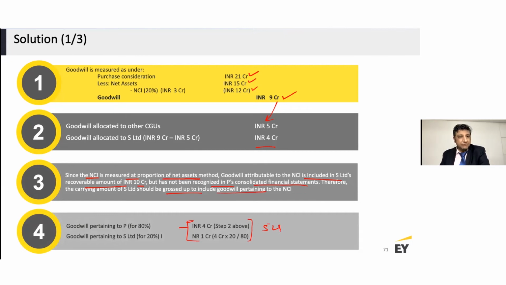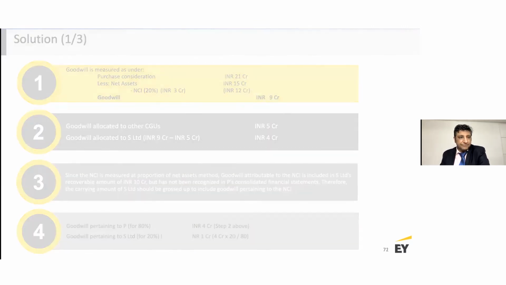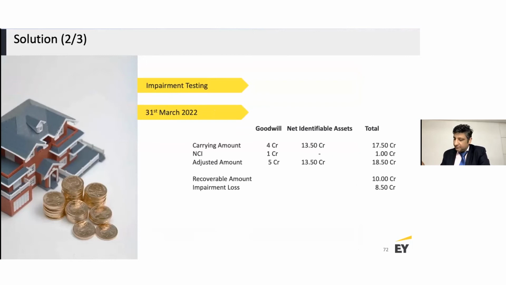These are the steps that we would take to calculate the goodwill, and of course, looking at the full goodwill calculation there. Okay. Now we're talking about, of course, the information around it, that my total other assets carrying value is 13.5 crores. Adjusted amount of goodwill, the notional value, the full value of the goodwill is 5 crores, making it total 18.5, out of which I will reduce recoverable amount of 10, which is resulting in an impairment loss of 8.5 crores.